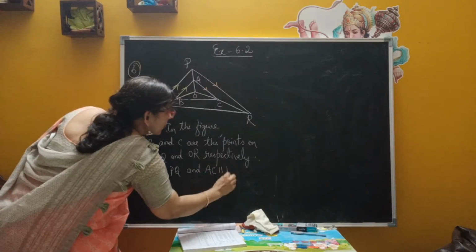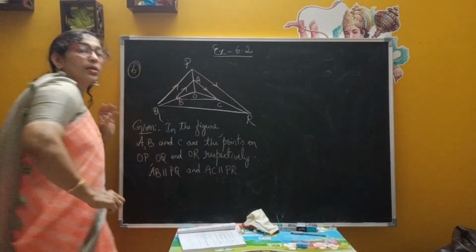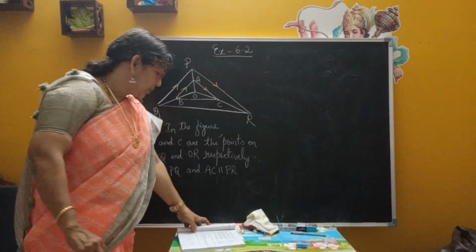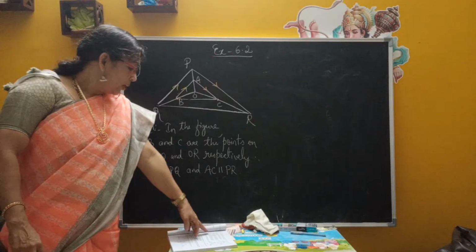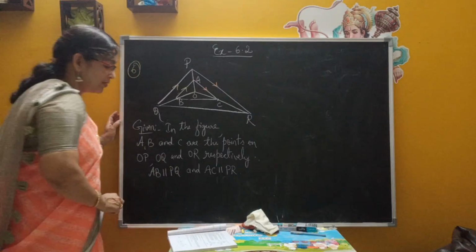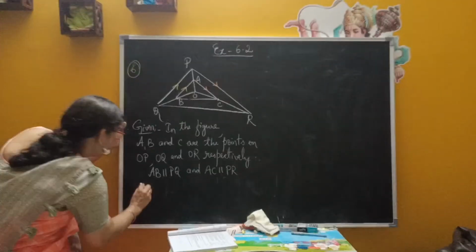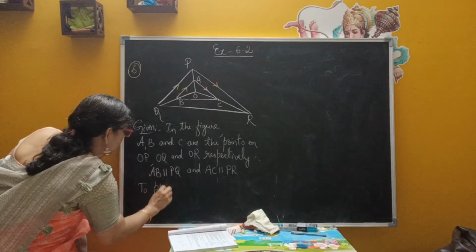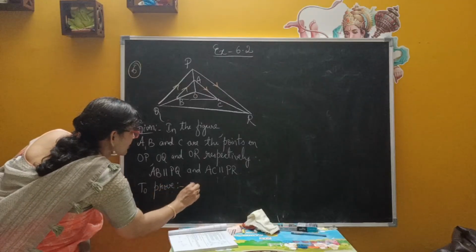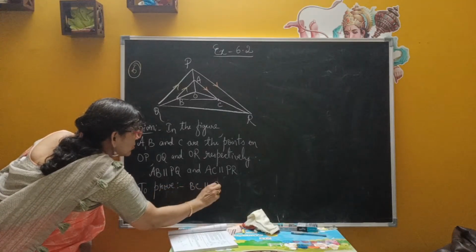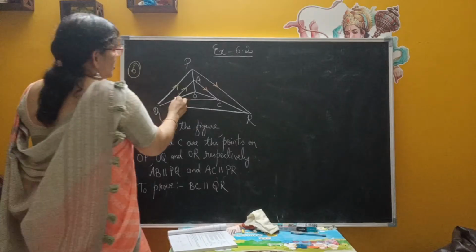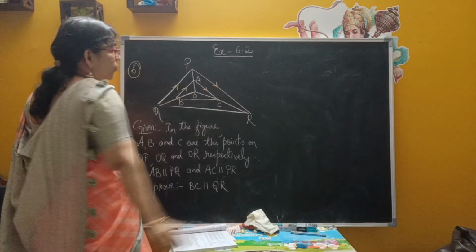This is given in the question. Now what is to be proved? To prove BC parallel to QR. Which is BC? BC parallel to QR.